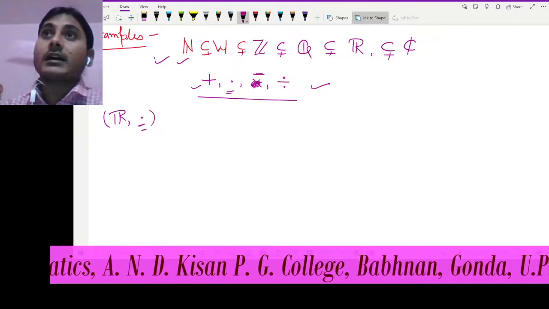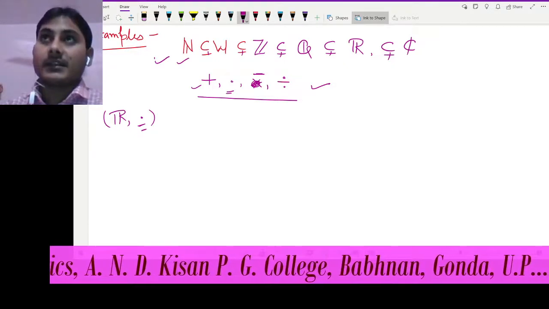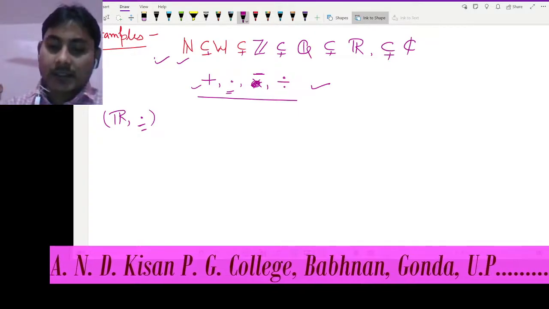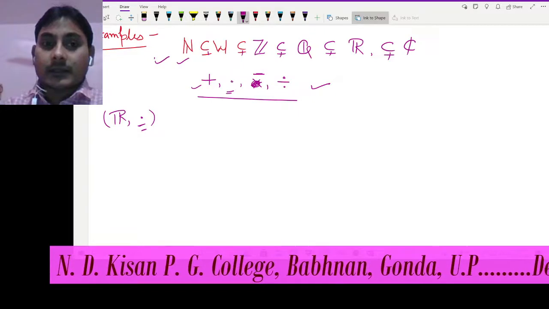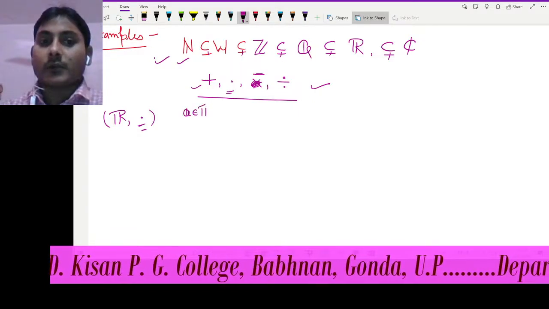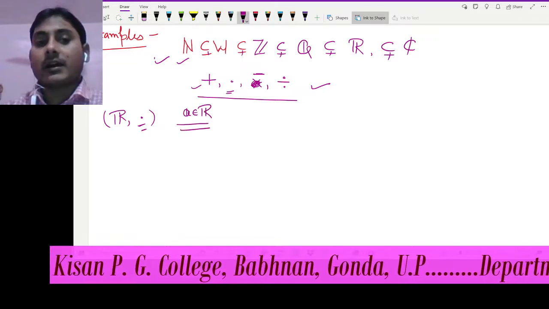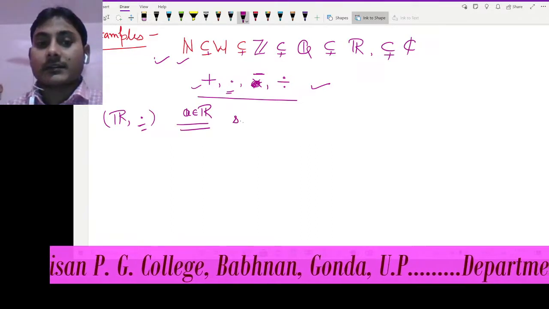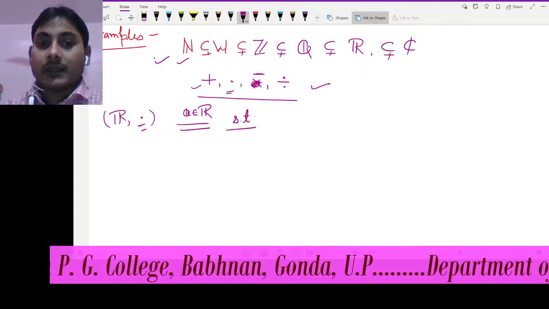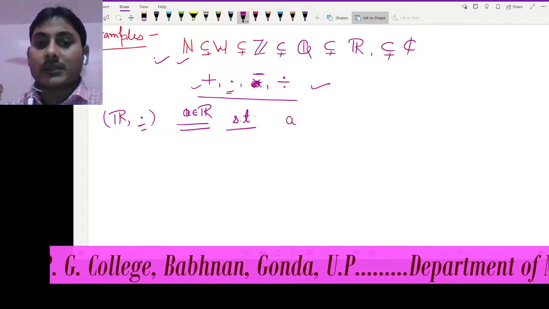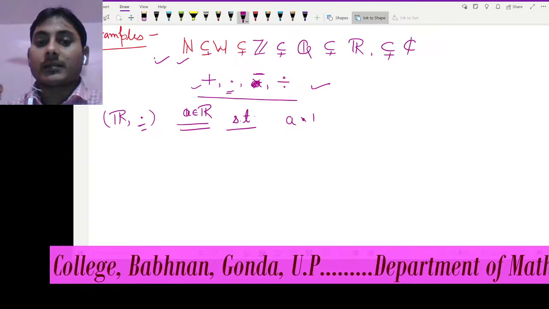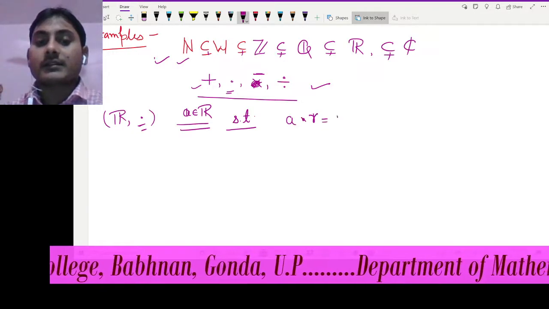And what is the existence of identity element? Existence of identity element says: can you provide me an element in R such that if you multiply this element with any real number, you will get the same thing?